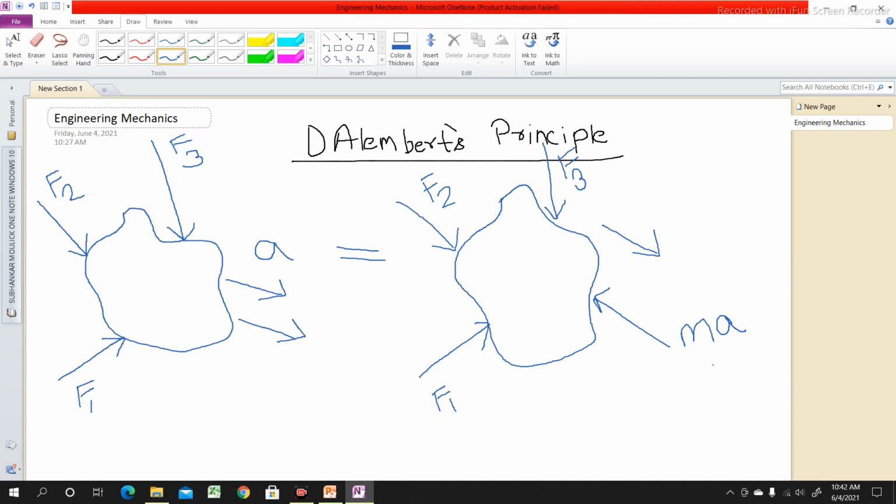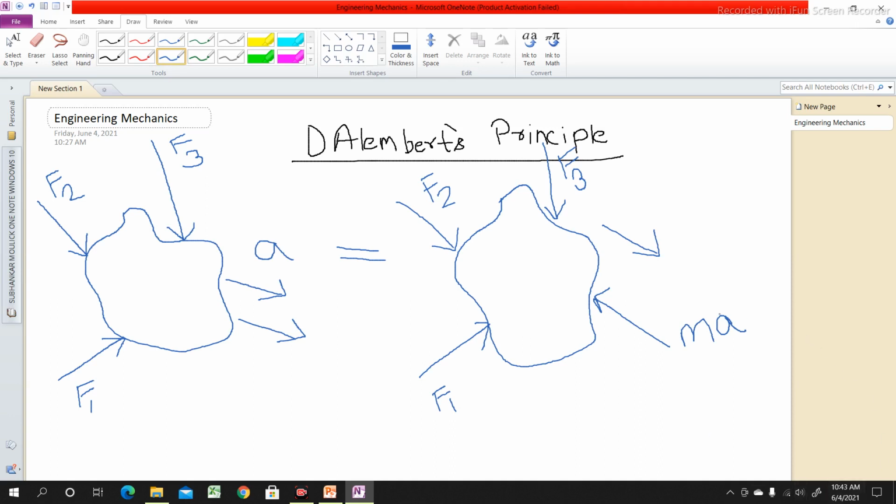That means in order to keep this body in dynamic equilibrium, since we are talking about dynamics, the resultant of forces F1, F2 and F3 should be exactly equal to the magnitude of the inertia force ma.